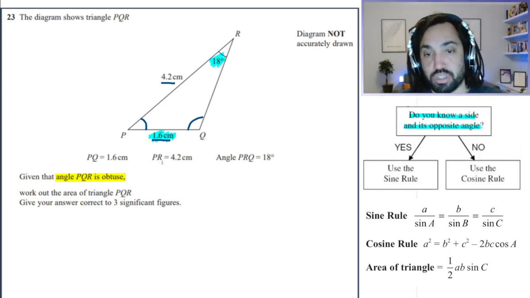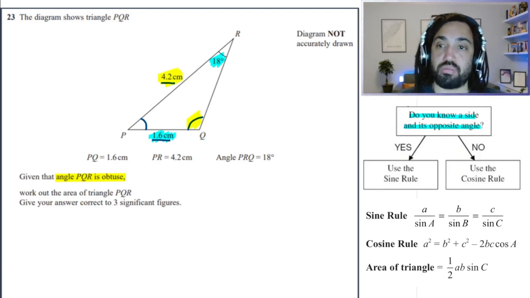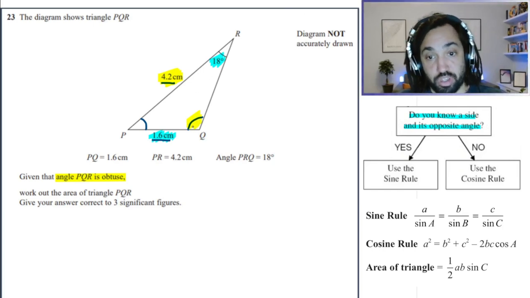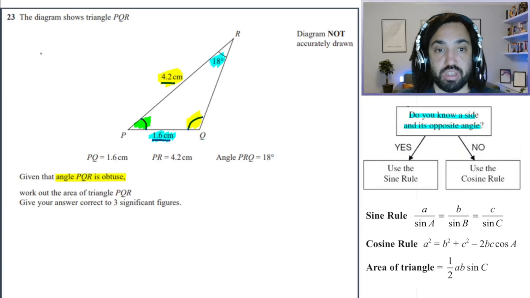So we can use the sine rule here, and that will then allow us to pair up these two. And then once we've got those, the yellow angle, that will then allow us to work out the green angle, just because angles in a triangle add to 180, and then we'll be good to go.